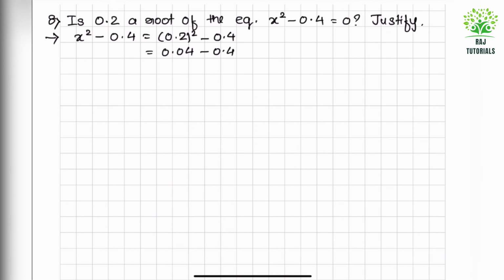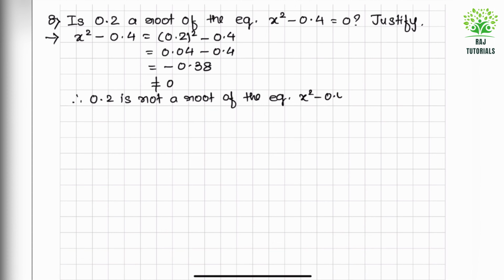So that is coming as minus 0.38. So that won't be equal to 0. Therefore 0.2 is not a root of the equation x square minus 0.4 equal to 0.